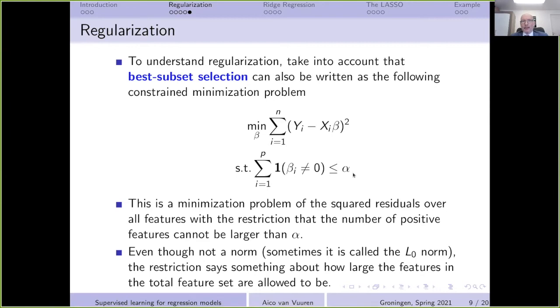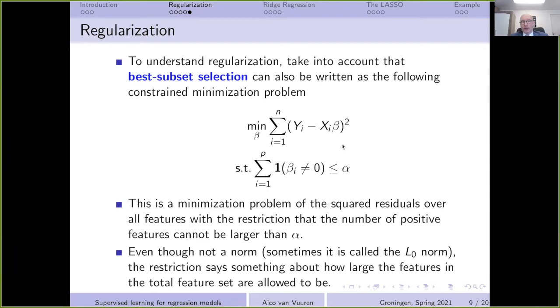Well, that is exactly the same as what we in fact do when we are looking at best subset selection. For any given alpha, we are going to look at those regressions for which there are alpha beta coefficients that are not equal to 0. This is just another way of looking at this.